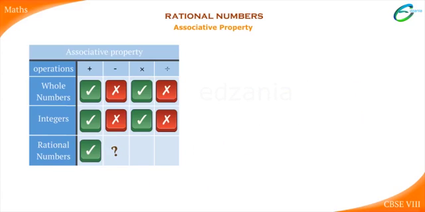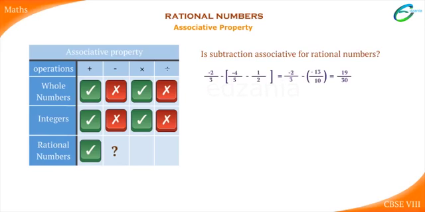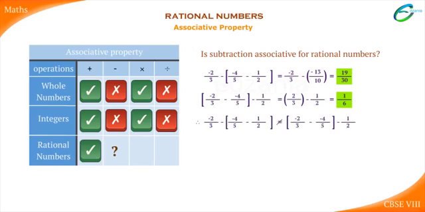Now let us move on to subtraction. Is subtraction associative for rational numbers? Let us find out. Let us consider three rational numbers. We carry out subtraction on these rational numbers by grouping any two adjacent terms, and we can see that the results are different in both the cases.